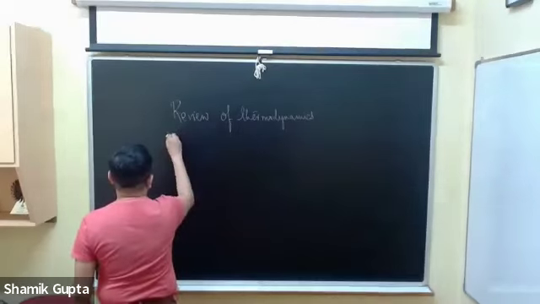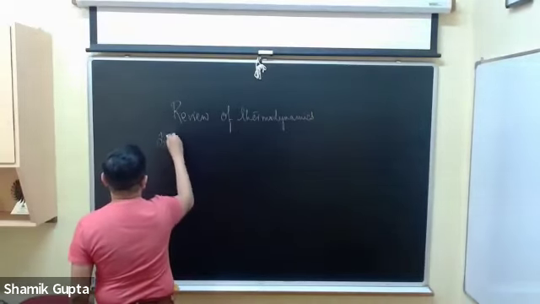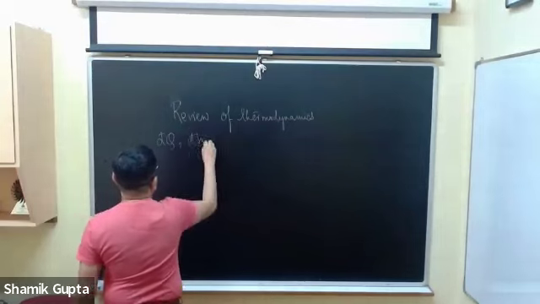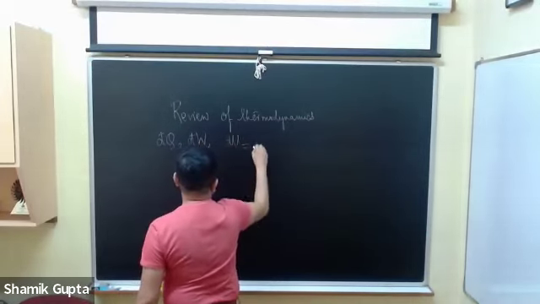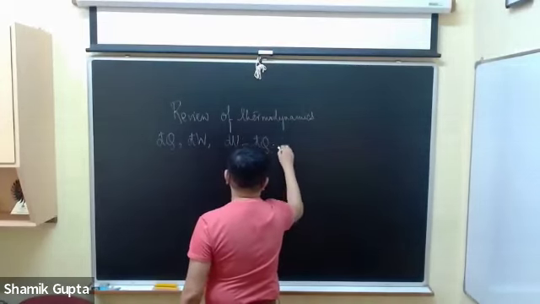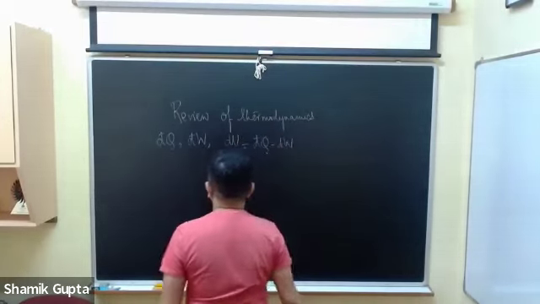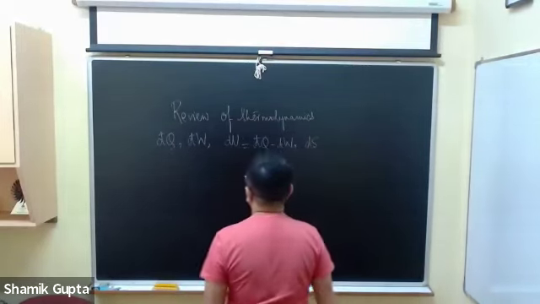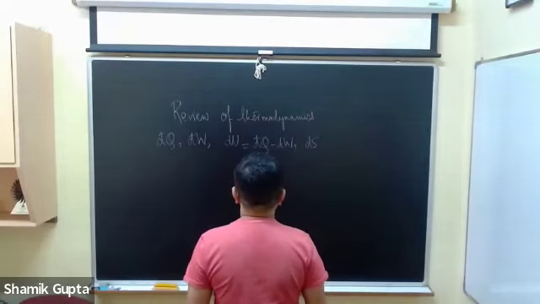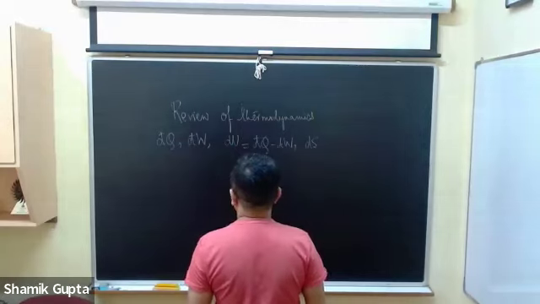Okay, so we learned about heat, then we learned about work done, then we learned about the internal energy, which is this. Then we learned about the entropy and, what else did we talk about?